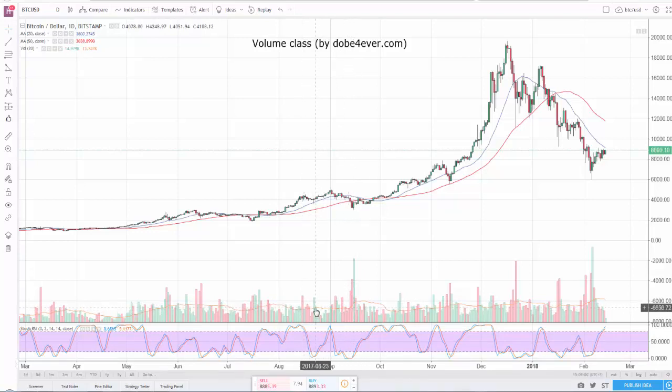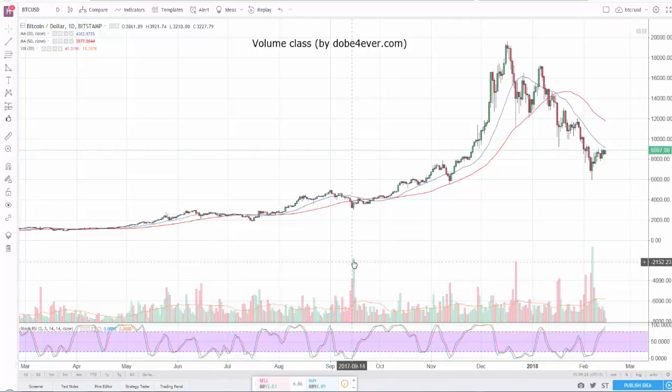And we need to pay attention to the average line here in the volume, because when we see spikes of volume that go way above the average, in this case for example, we have a huge spike of green volume, it's buying volume, and we don't see that much price movement.